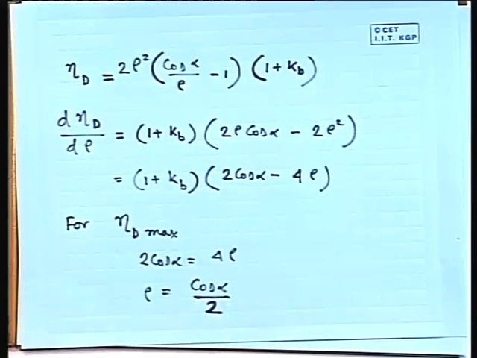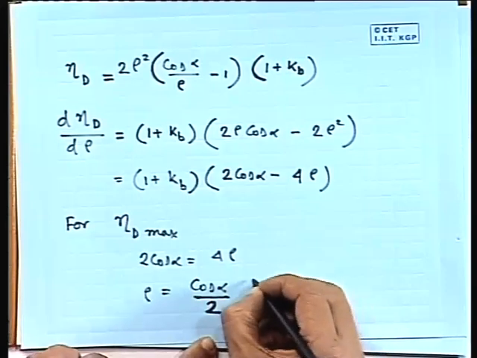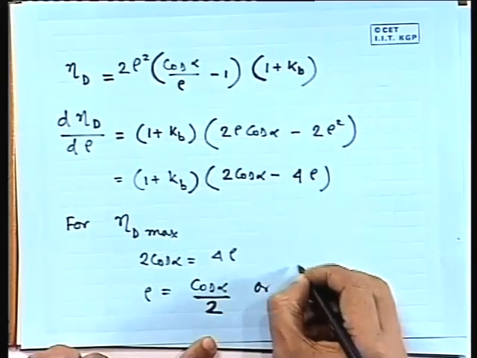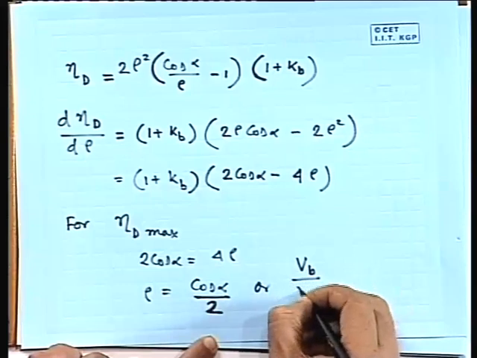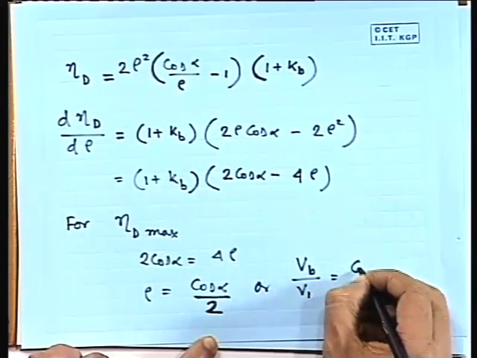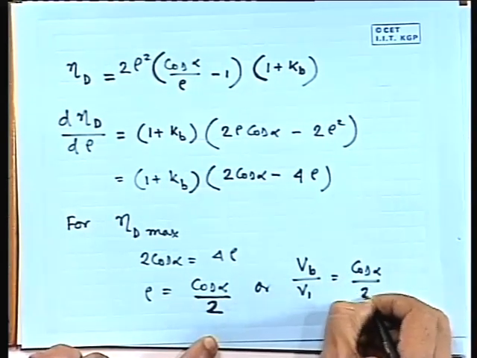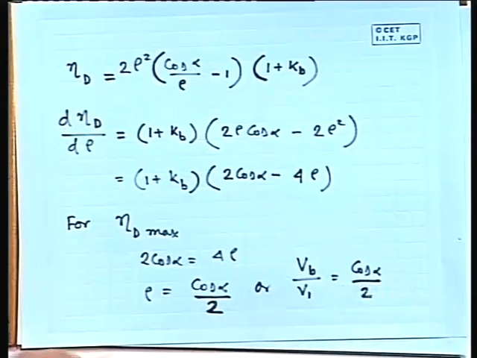So, we can see we have defined rho as Vb by V1 is equal to cos of alpha by 2. So, we can see that if we want to run the turbine at maximum efficiency, then we cannot arbitrarily select Vb.